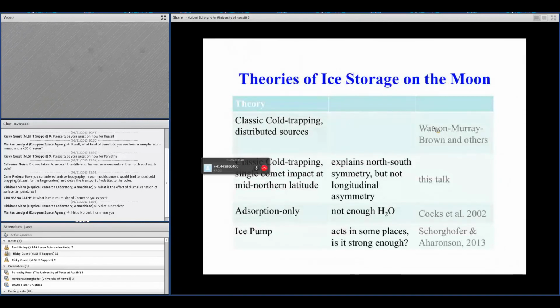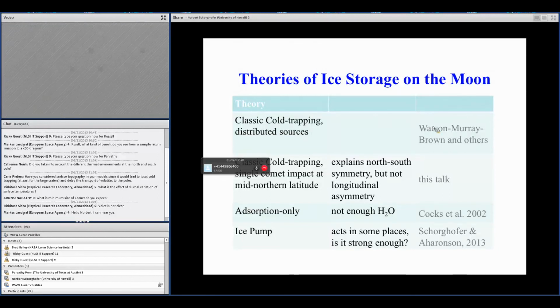What I've talked about is the second line, where you have a very asymmetric source, basically only one impact, which might explain part of the pattern we see. And then the last line I'm just pointing out is a whole other mechanism called the ice pump, and I'm just finishing up a paper on that, where ice gets pumped into the subsurface, and it's not at the cold trap locations, but at other locations.